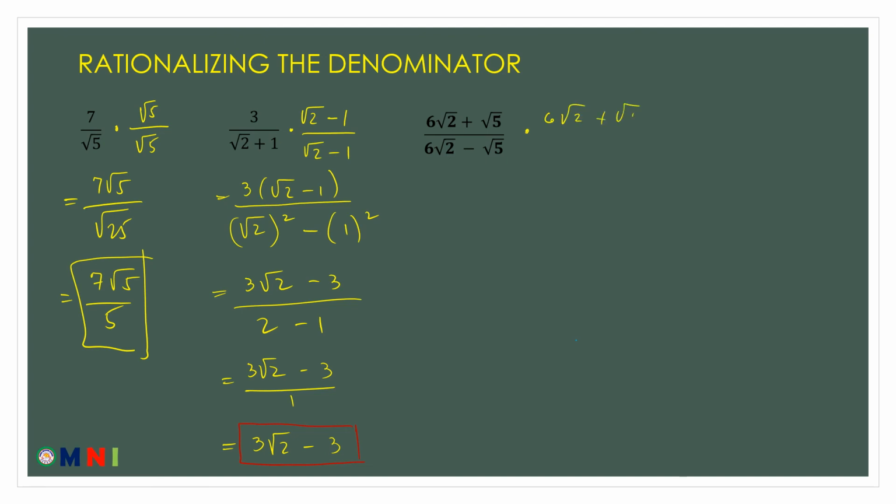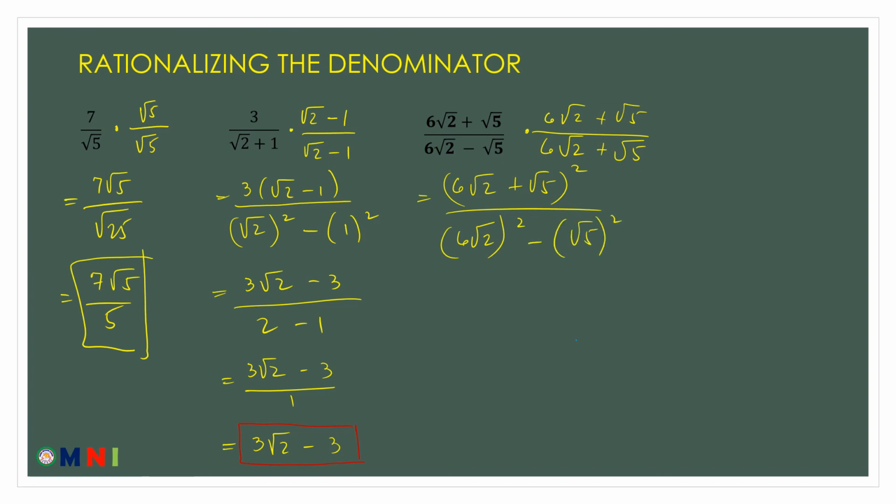Therefore, 6 square root of 2 plus square root of 5 will be the conjugate of this. Okay. And then since you are multiplying the same, you can simply write that as 6 square root of 2 plus square root of 5 squared all over. When you multiply conjugates, you get the square of these terms minus the square of the other.